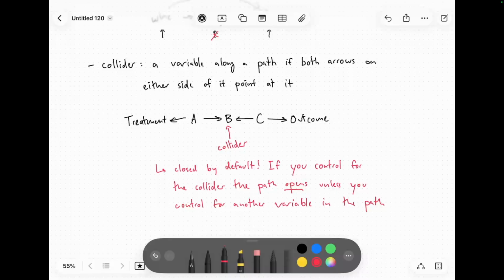Although generally speaking, you wouldn't set it up that way because it would be acyclic, so then you would have loops. So generally, you wouldn't be including things like that in your diagram. Yeah. Okay. Any other questions?